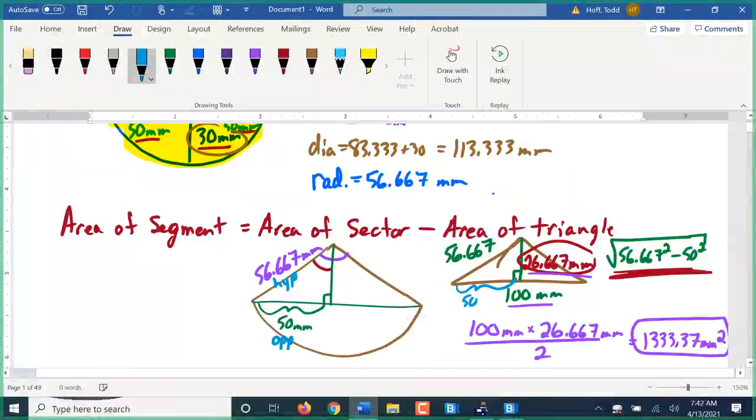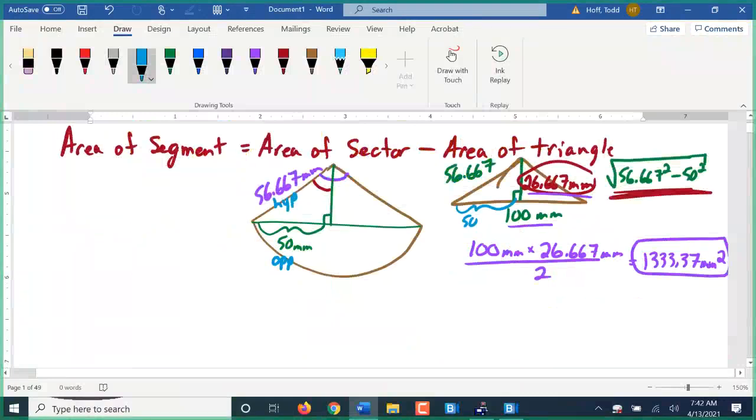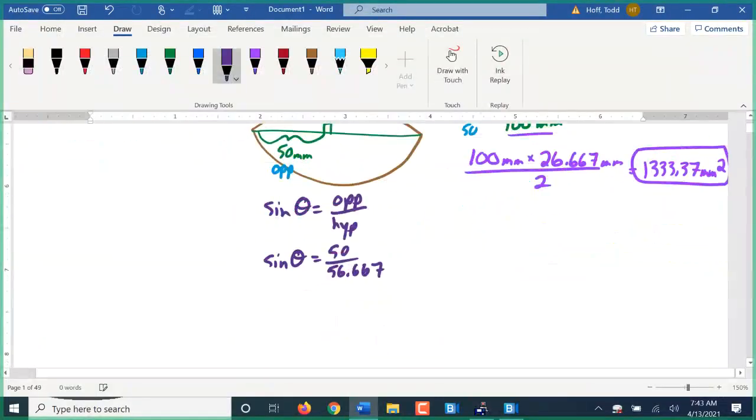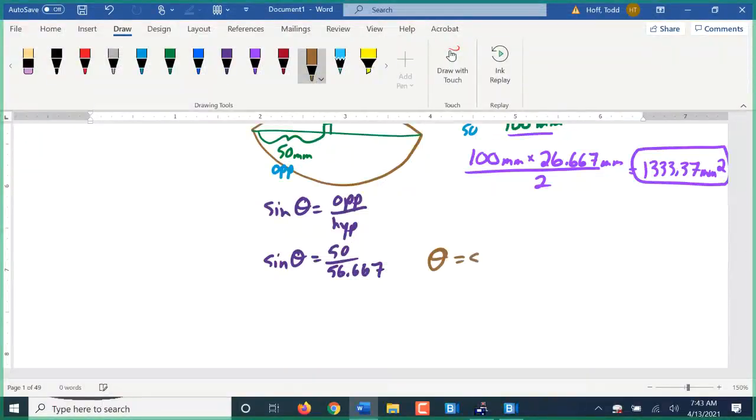Opposite and hypotenuse make the sine. Sine theta equals opposite over hypotenuse. Opposite side is 50, our hypotenuse is 56.667. How do we find the angle? Inverse sine. Perfect.